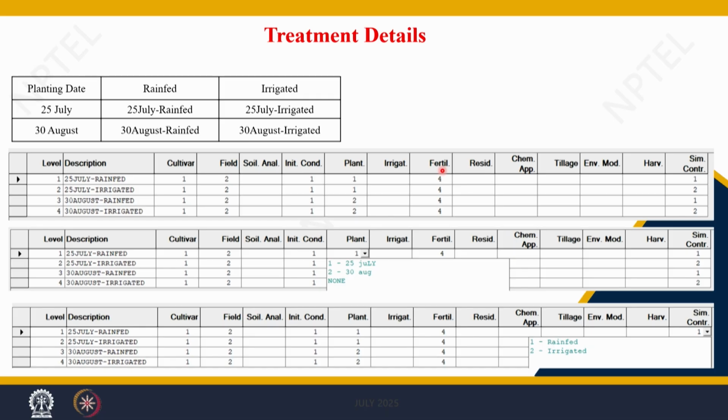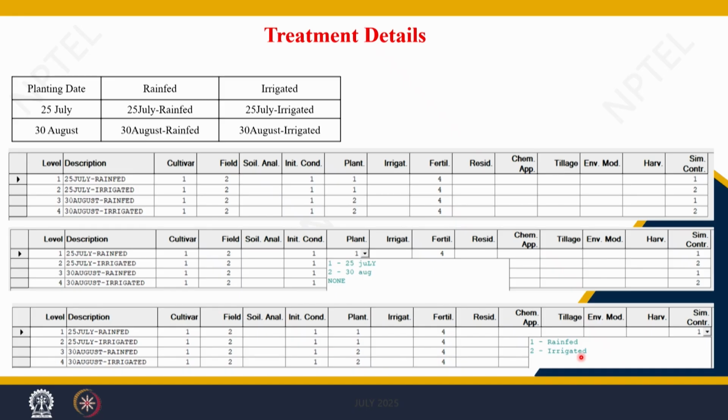And the other change you are making is the water management. So, this is about the planting time, and the second change is the water management under the simulation control. You have identified label 1 as rain-fed, so not irrigated, and label 2 as irrigated, which is for the automated irrigation.